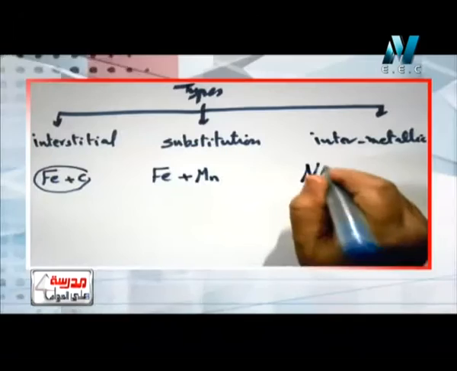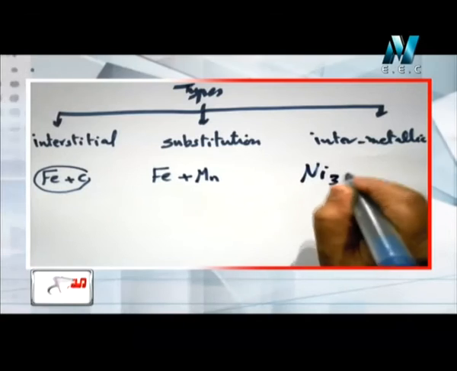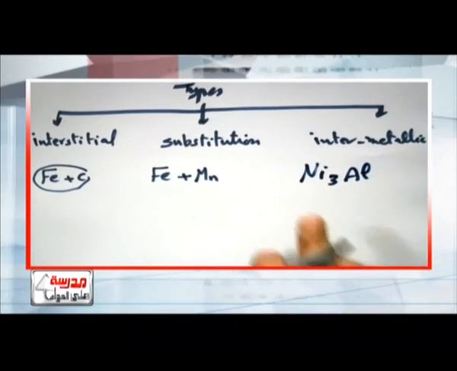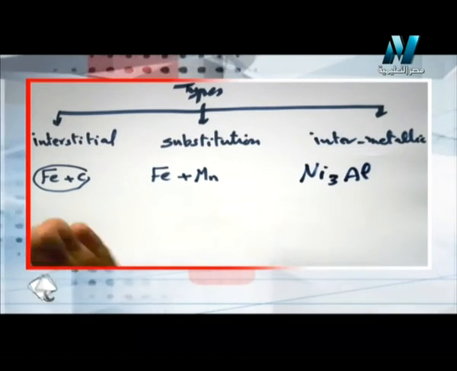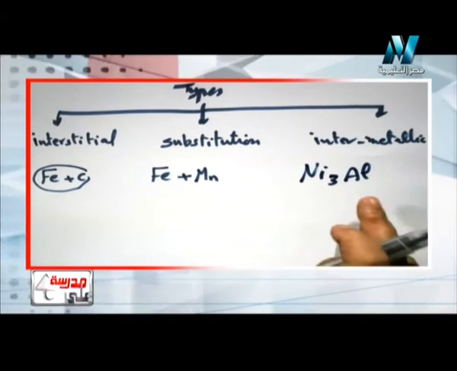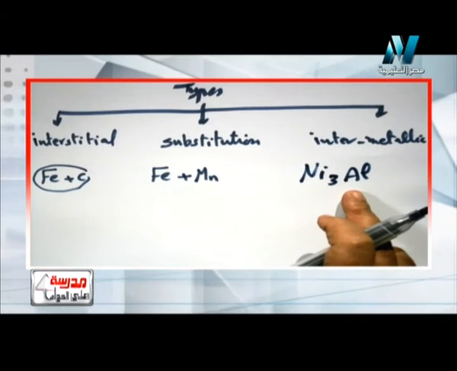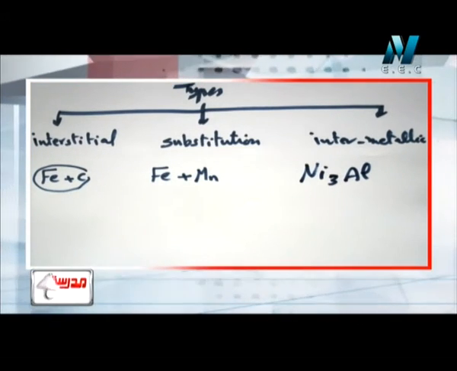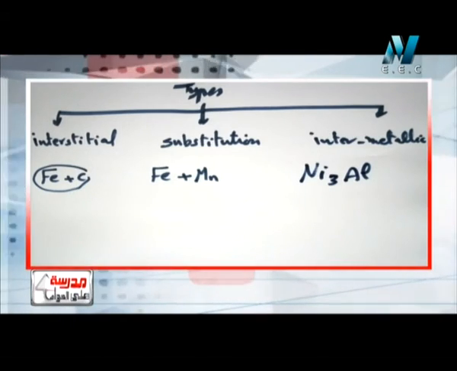Maybe nickel and aluminum, Ni3Al, a nickel aluminum alloy. These are two different elements: nickel is a transition element, while aluminum is a representative element. This is called intermetallic. Intermetallic is a solid with different properties, and a chemical bond occurs between them, and this bond disobeys the rule of valency.